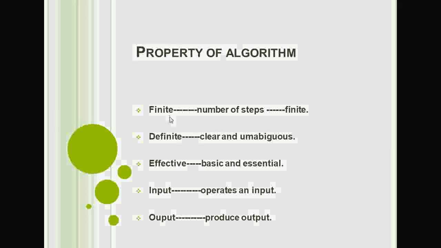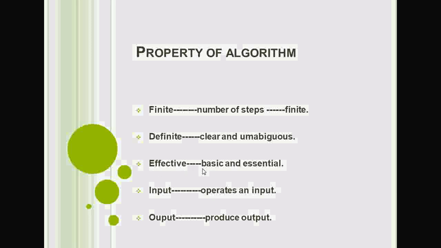The first property is finite. Finite is nothing but the number of steps in the algorithm should be countable. The second is definite. That means each and every line inside the algorithm should be very clear and unambiguous. That means it should not have any doubt.